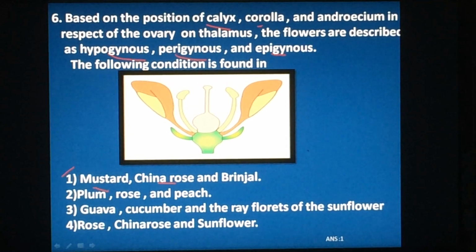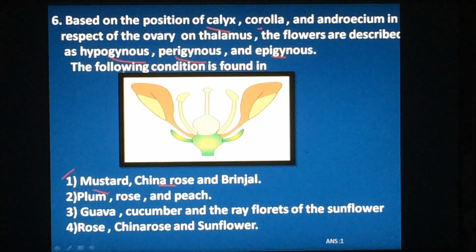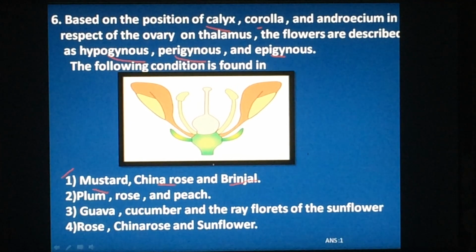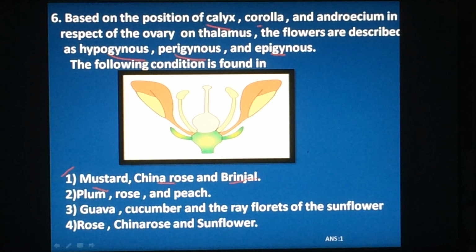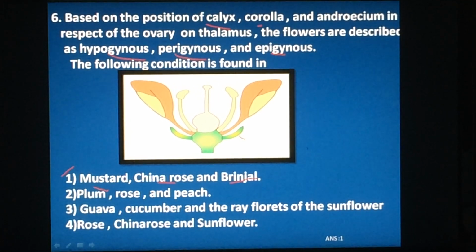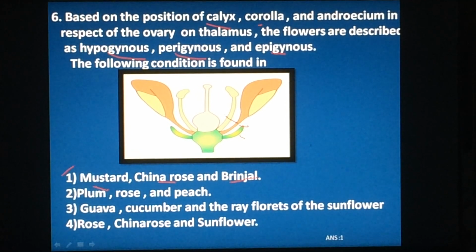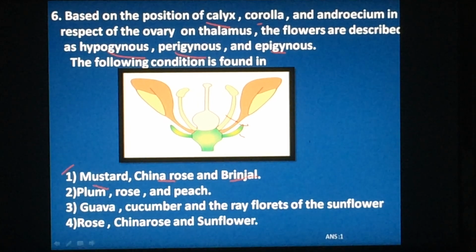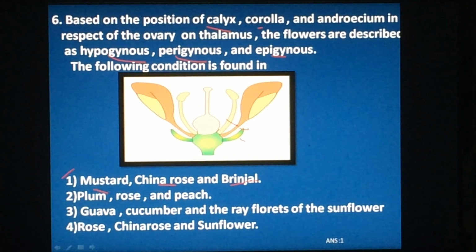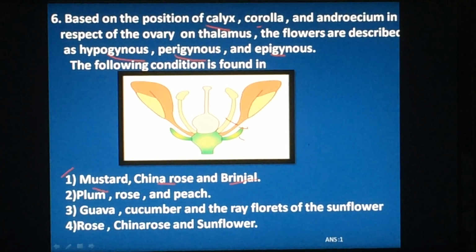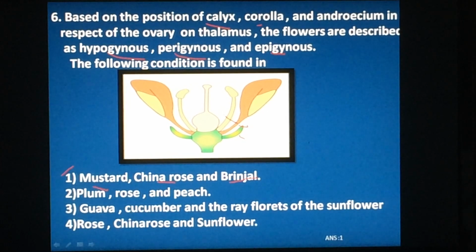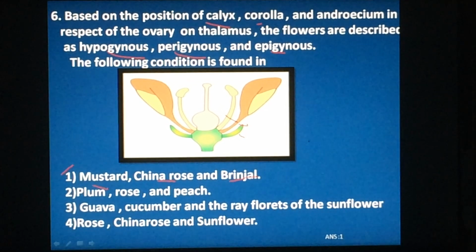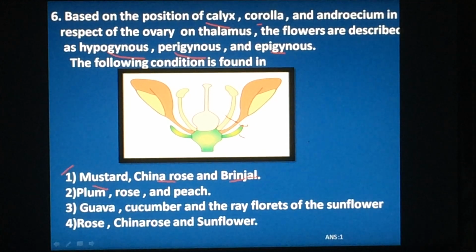Mustard, China rose and brinjal. Here calyx, corolla, androecium all are below the ovary, so hypogynous. How to remember it? Brinjal, China rose, I said it out easily. So answer is first one.